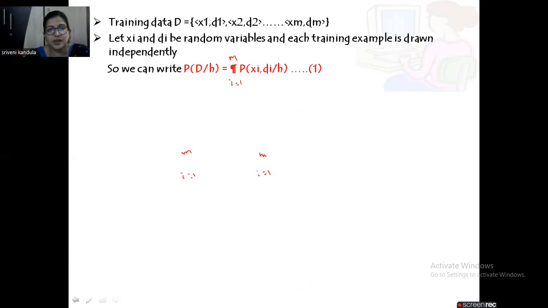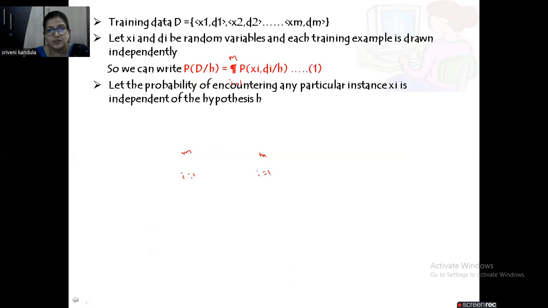Then using Bayes' theorem, we can write the probability as P of D given H is equal to the product over i equals 1 to m of P of xi comma di given H, right? And one more assumption we are taking is that the probability of encountering any particular instance xi is independent of the hypothesis H. That means we are not looking at the hypothesis and picking a particular instance.